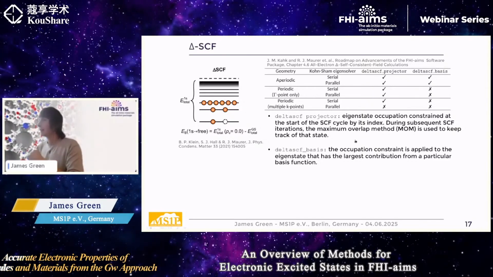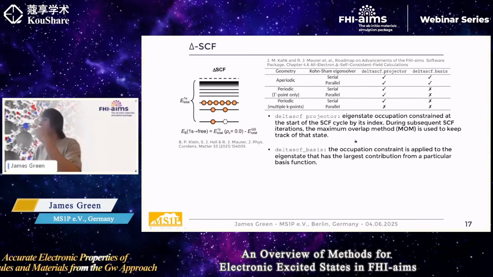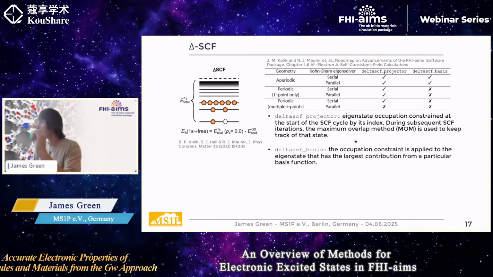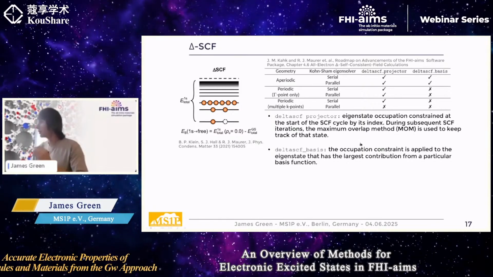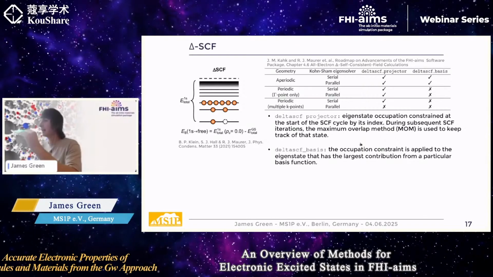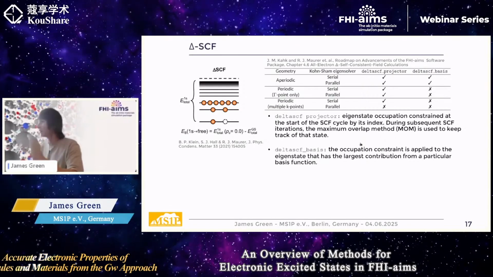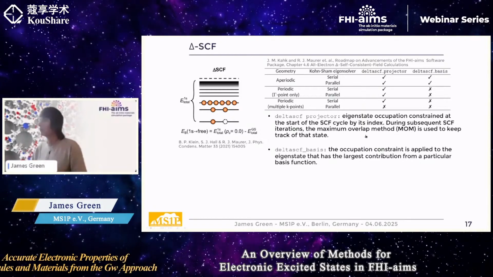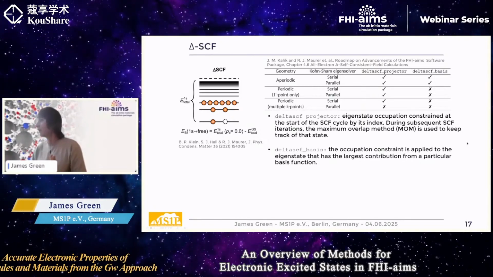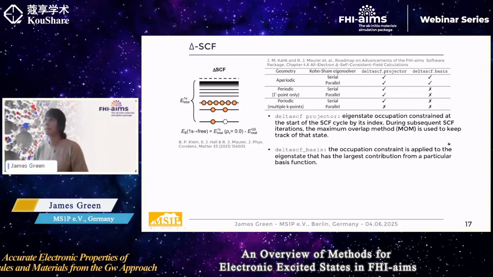And in the delta SCF basis, rather a particular basis function is specified to have a particular occupation. This is quite useful, for example, for deep core levels where the eigenstate has essentially contribution from just one basis function. So really, depending on the system you're interested in studying, you choose one or the other of these keywords.